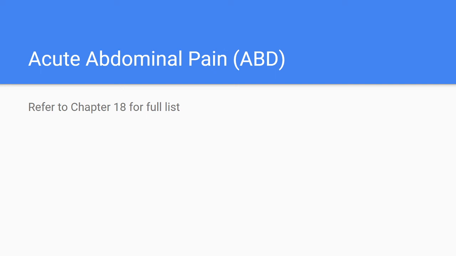So, strangulated is, I think, the technical word that you'll use. No, sorry, that is an incarcerated hernia, which cannot be pushed back in. And it is bad if you have pain, it's tender, there's red or blue discoloration near it, or it's just not reducible, right?